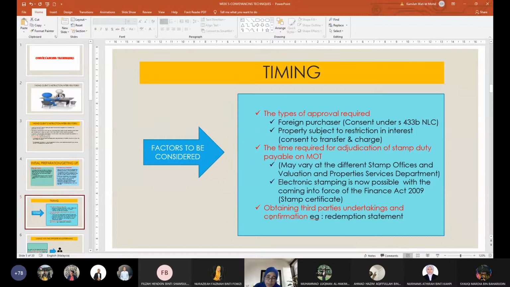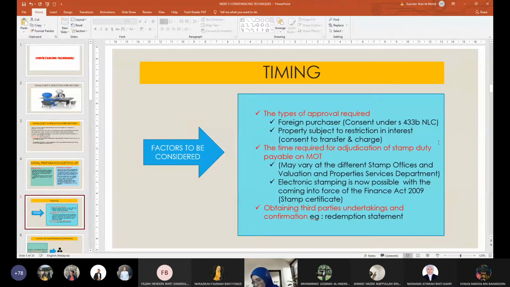A few documents are pending from all these parties, and maybe we also liaise with the chargee bank, the existing chargee. So waiting for all the undertakings and correspondence from these parties will sometimes take time. So what happens to the 3+1, the 3 months plus 1 month? Will this affect the transaction? These are the factors to be considered.